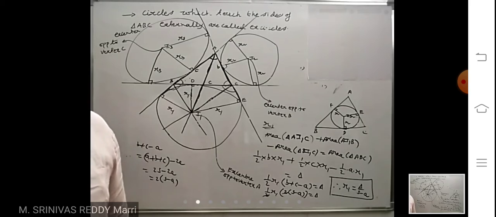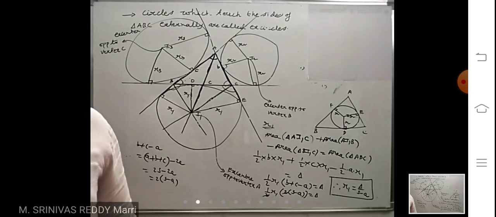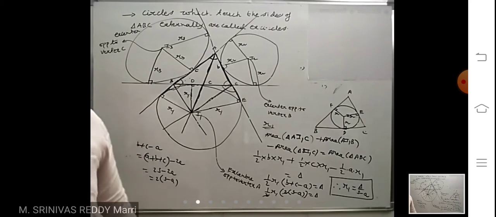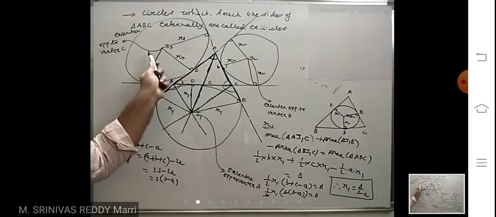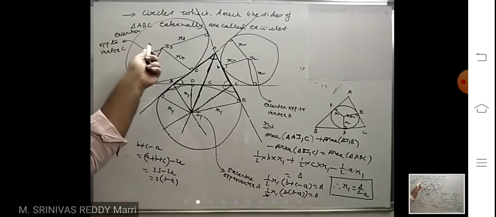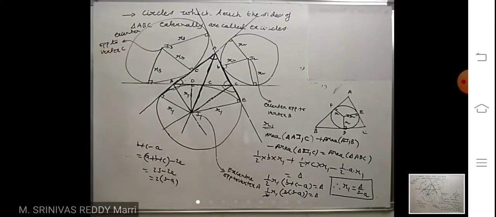Opposite to vertex B, the center is I2 and radius R2 equals delta by (s minus b). Opposite to vertex C, the center is denoted by I3 and the radius R3 is delta by (s minus c). I will list down the formulas.